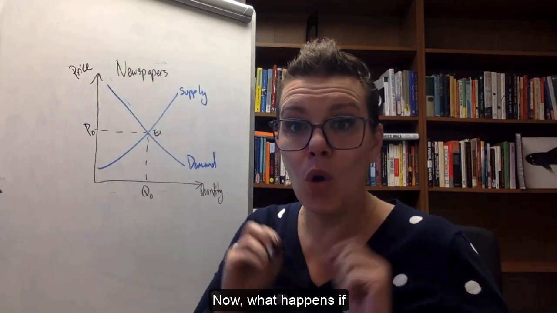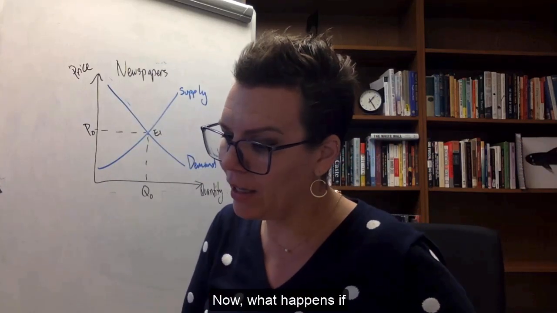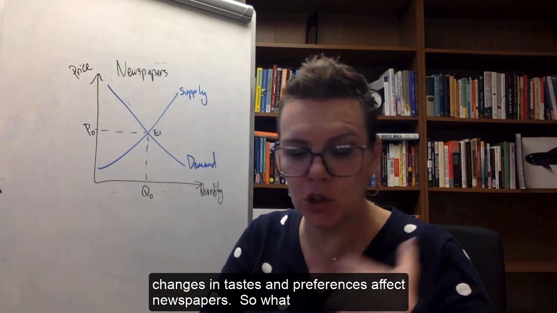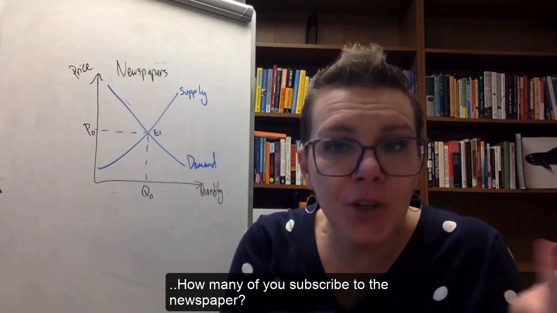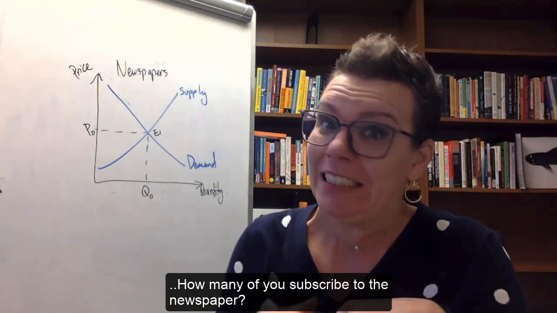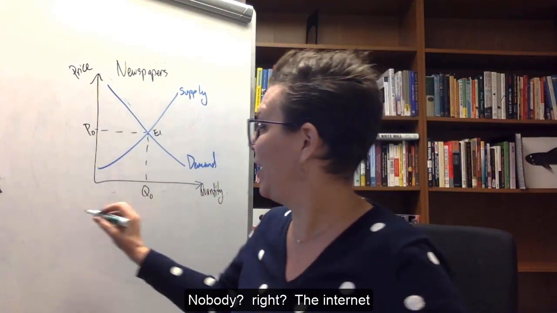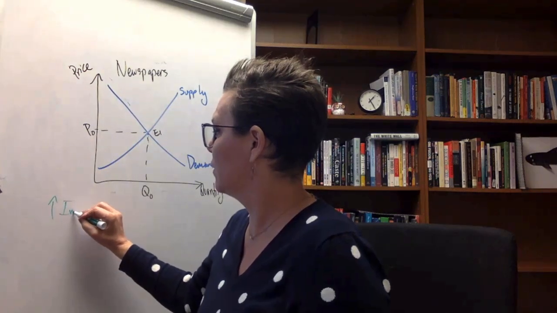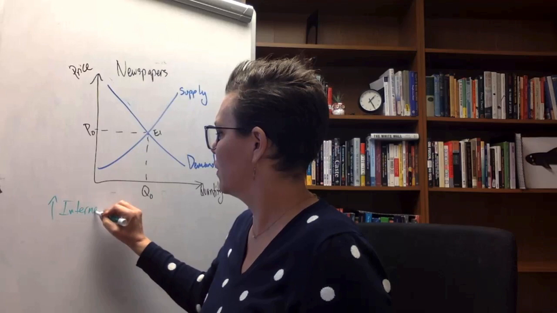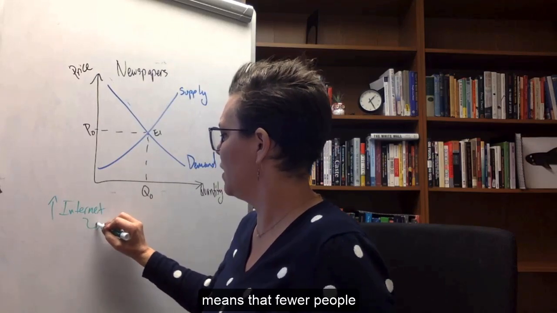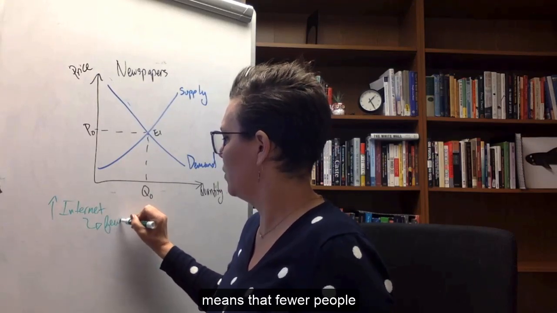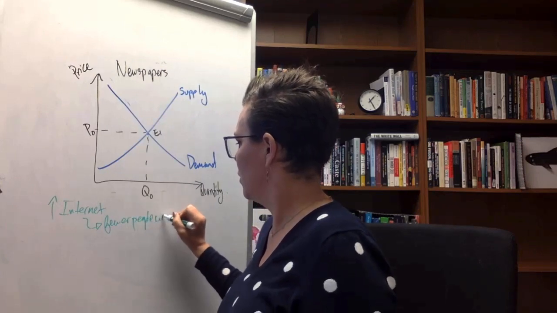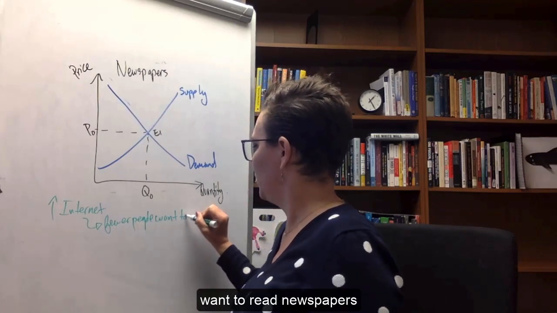Now, what happens if changes in tastes and preferences affect newspapers? How many of you subscribe to the newspaper? Nobody, right? The internet means that fewer people want to read newspapers.